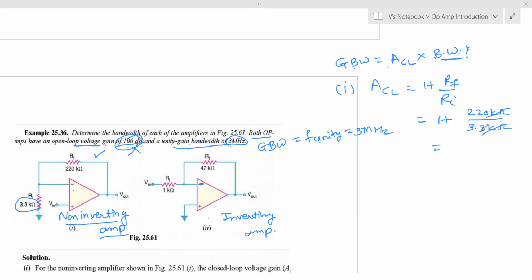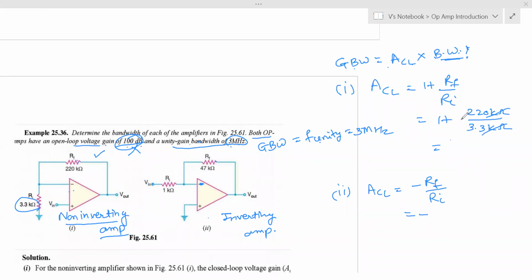Just calculate it. Anybody please? 220 divided by 3.3 और उसमें एक ऐड करो. कितना आ रहा है गेन? 67 point.